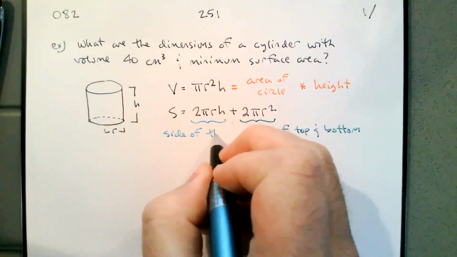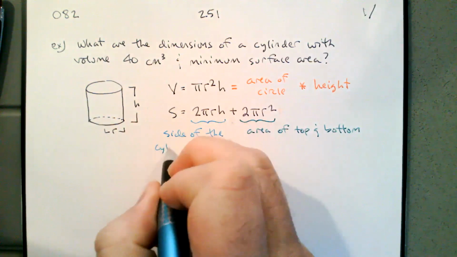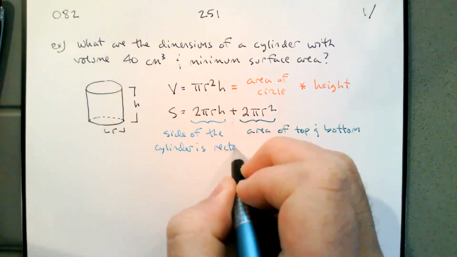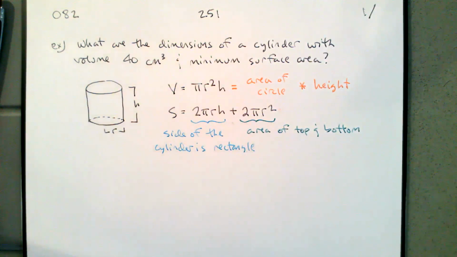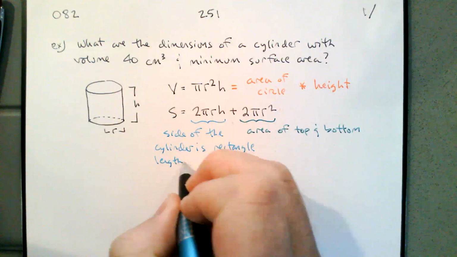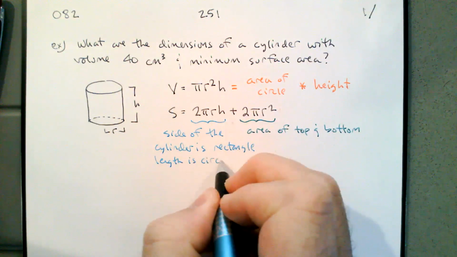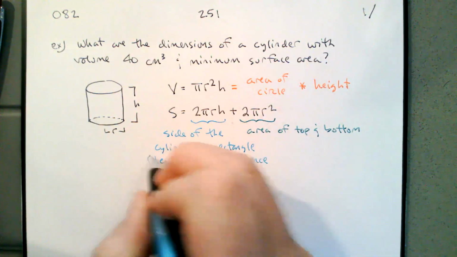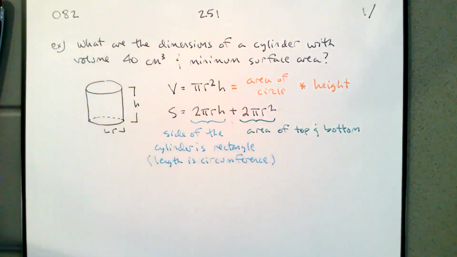So the side of the can, or the cylinder, is a rectangle where the length is the circumference of the circle on the top. The length is the circumference.